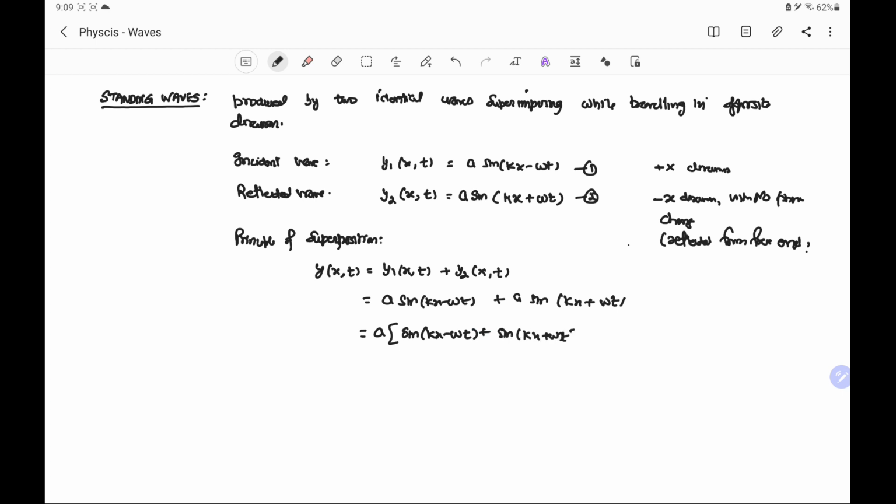Now we will use the trigonometric relation: sin C plus sin D is equal to 2 sin((C plus D)/2) cos((C minus D)/2).